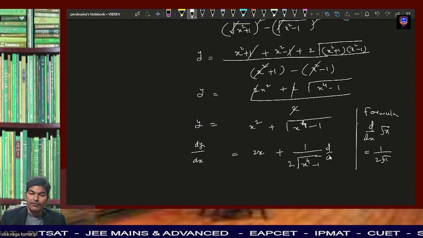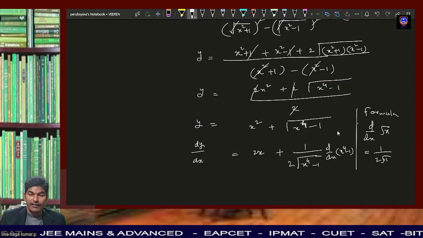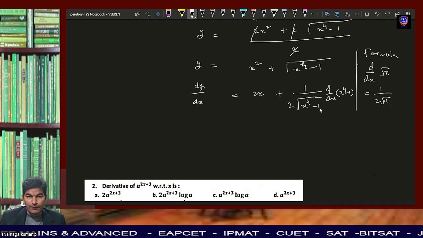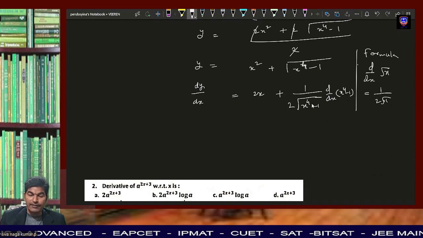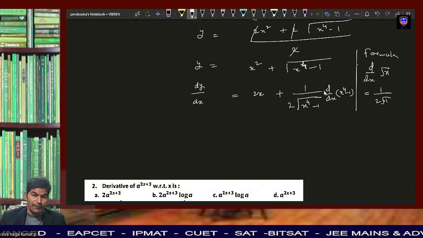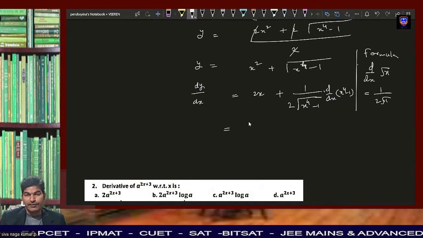And what is the derivative of x power 4 minus 1? Why are we doing it again? Because it is not just x, it is x power 4 minus 1. That's why we have to consider its derivative again with a multiplication. Okay? Remember this point. Every time we are using that.